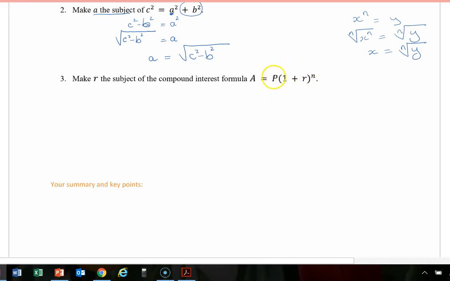So I'm going to remove the P first. To remove the P, we would just divide by P, divide by P. So now I've got A on P equals 1 plus r to the n. If we've got x to the n and we want to go just to x, we take the nth root.